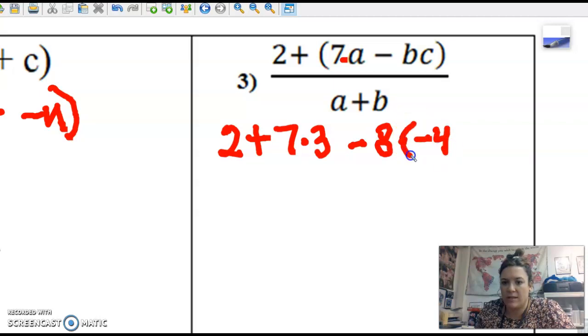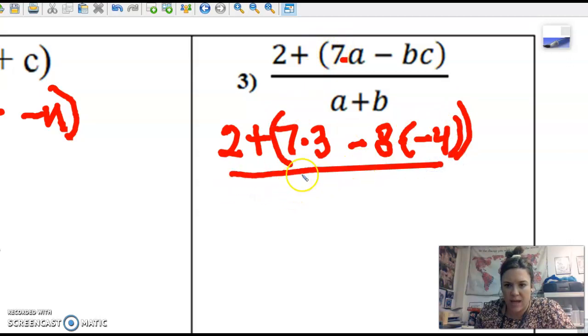And if you like to see the multiplication in parentheses, you can. And, oh, I forgot the parentheses for the whole problem there at the top, and that's all over A plus B. So the A is 3 plus the B, which is 8.